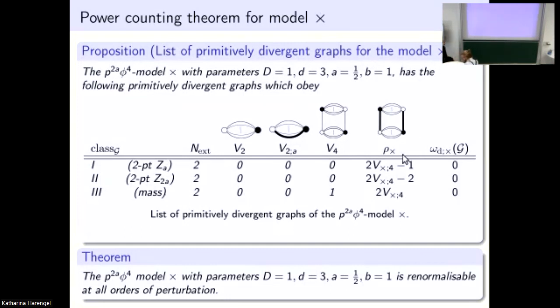What you can maybe notice, and you can tell me your opinions later, is that for the 4-point function there are no divergent graphs, only for the 2-point, so the mass or kinetic term. But I'll maybe visit this after talking about model plus, if I have the time.